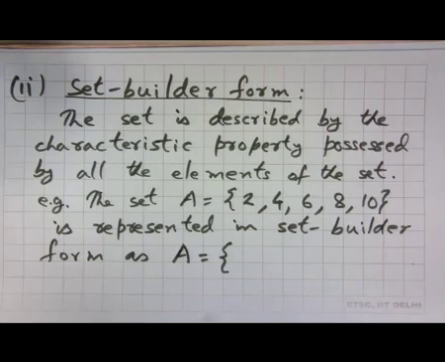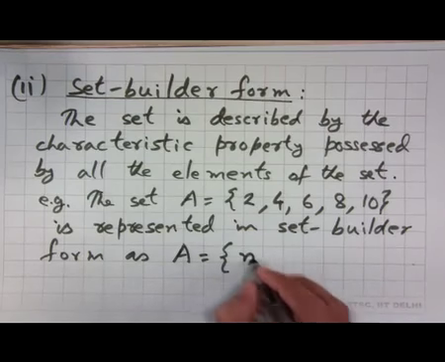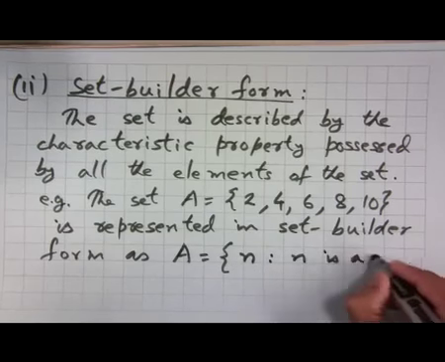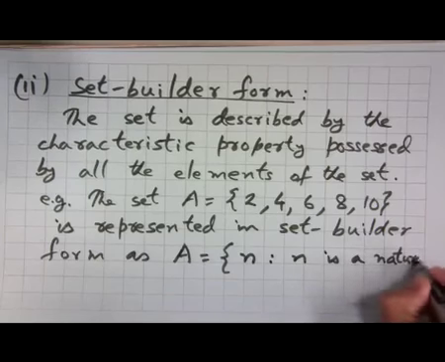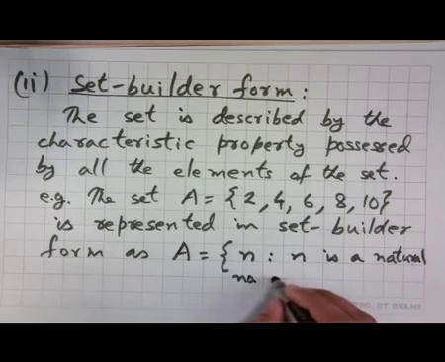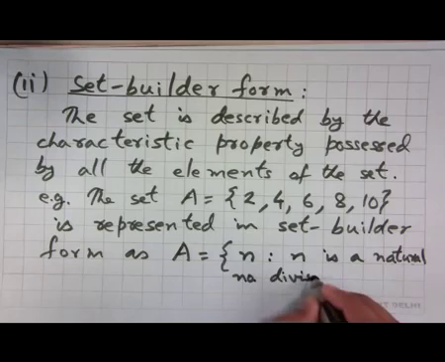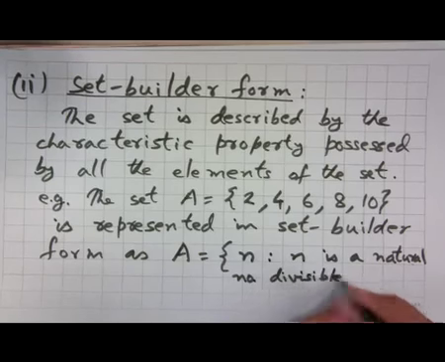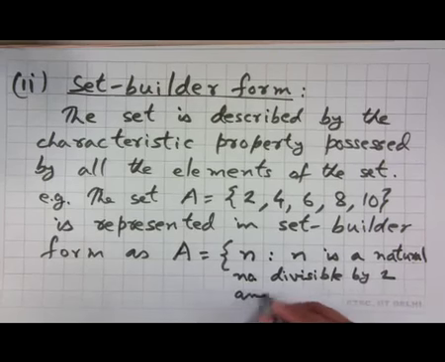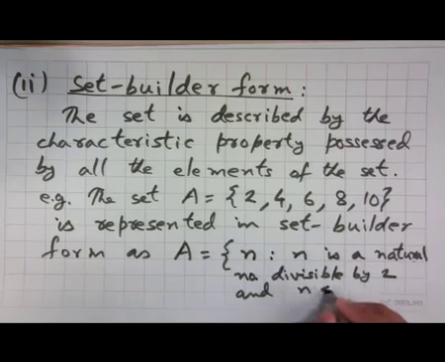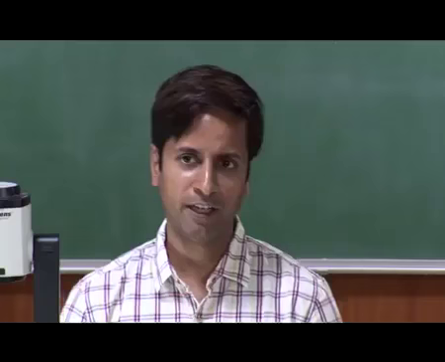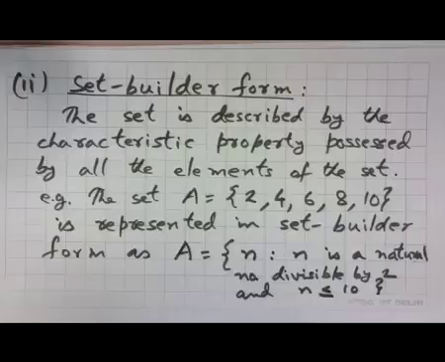We just write it is a collection of all n such that n is a natural number divisible by 2 and n is less than or equal to 10. Right. So, there can be many different ways in which you can write the same set.